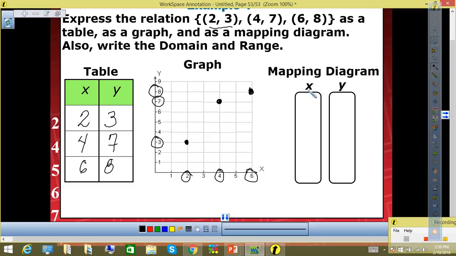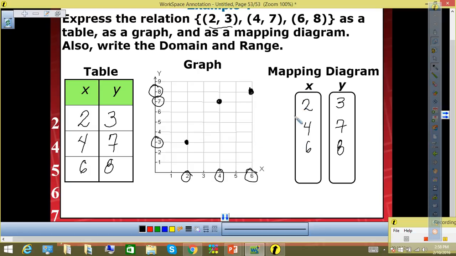Next, the mapping. What is the domain of all this? 2, 4, 6. What is the range? 3, 7, 8. Wait, we're still not done. I'll wait. Okay.